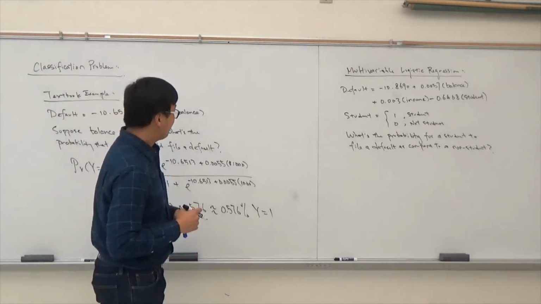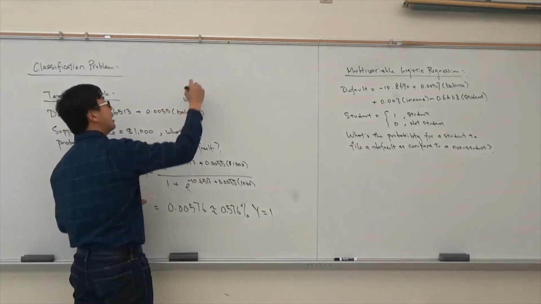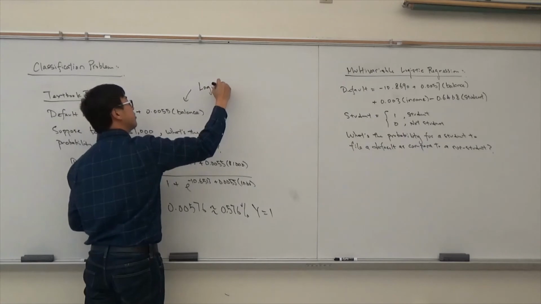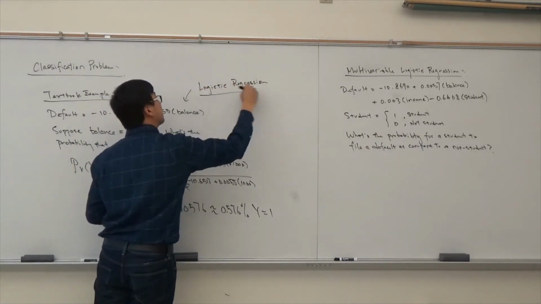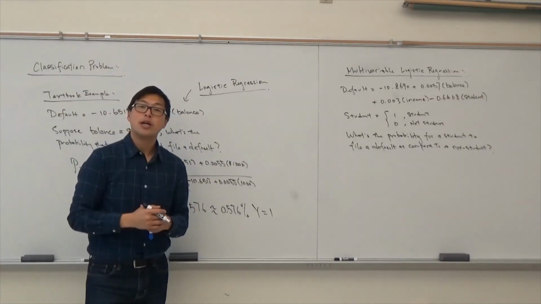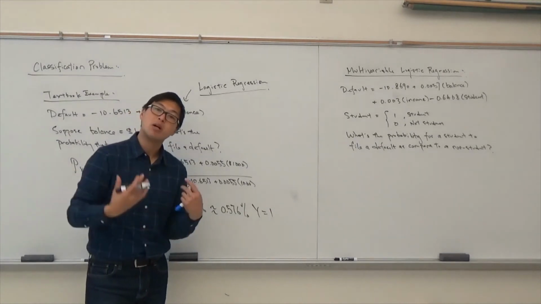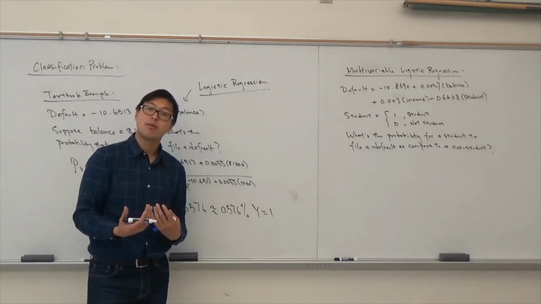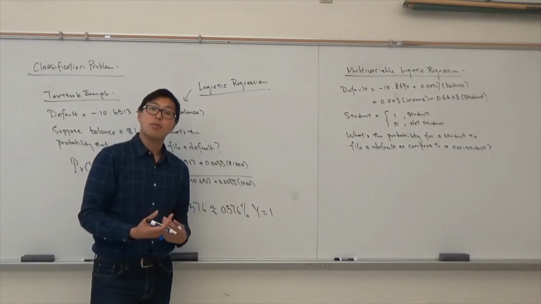We have covered this problem right here, and this time we call this a single variable logistic regression model. However, just like the linear regression model that we studied before, it's not limited to just one predictor. We can have multiple predictors passed into this logistic model in order to improve the fit of the model.